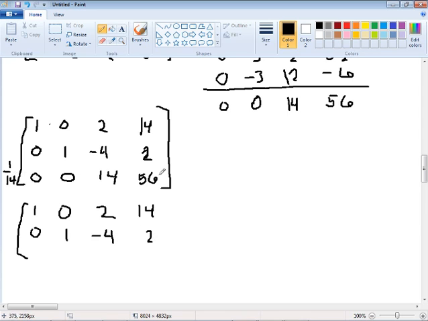Then I'm going to multiply this row by 1 over 14. So 1 over 14 times 0 is 0. 1 over 14 times 0 is 0. 14 divided by 14 is 1. And then 56 divided by 14 is 4. And we are almost done.